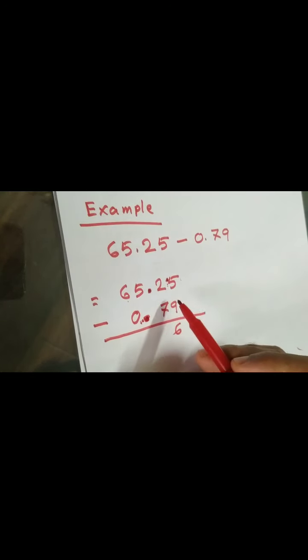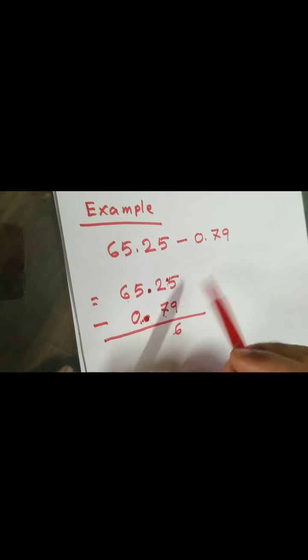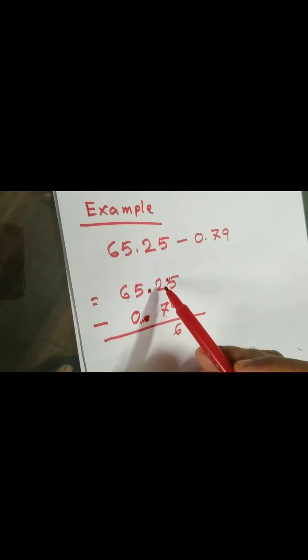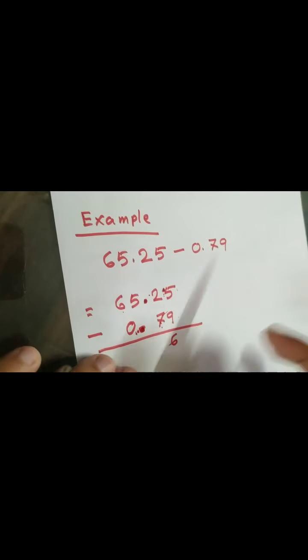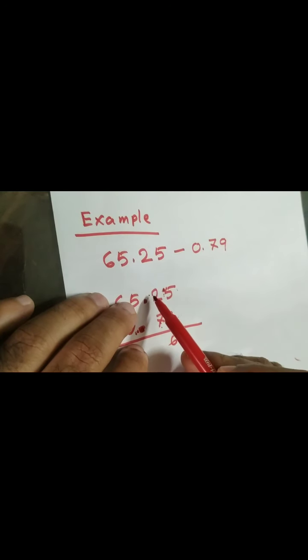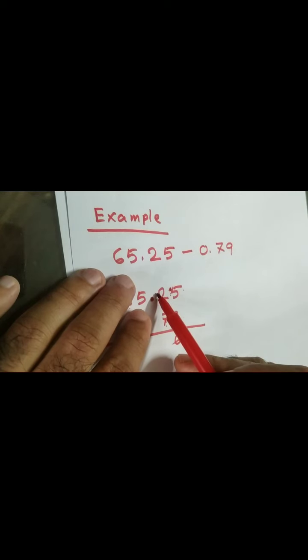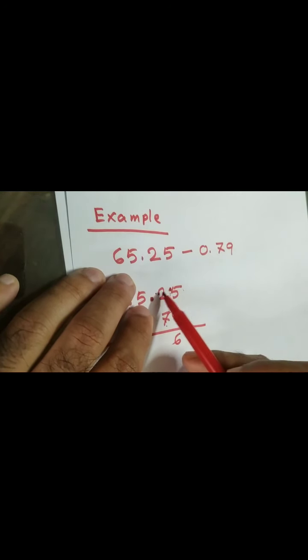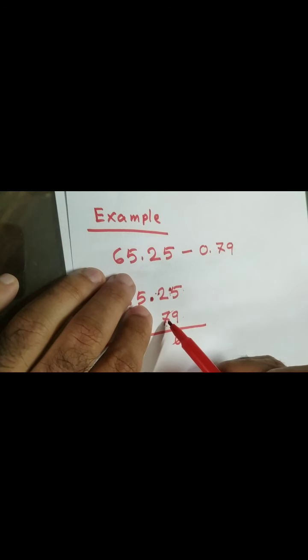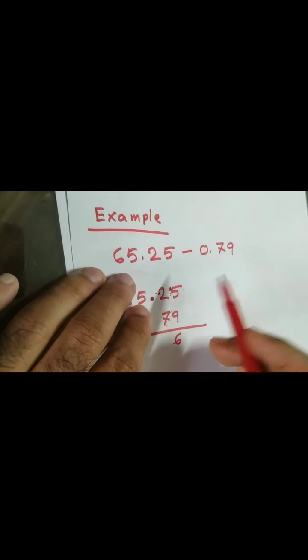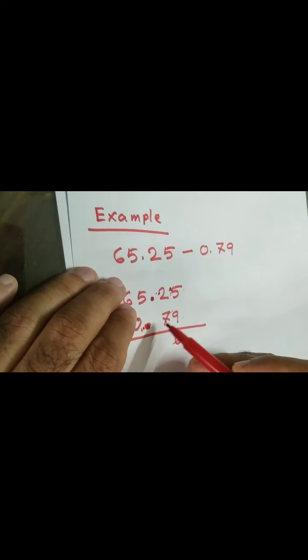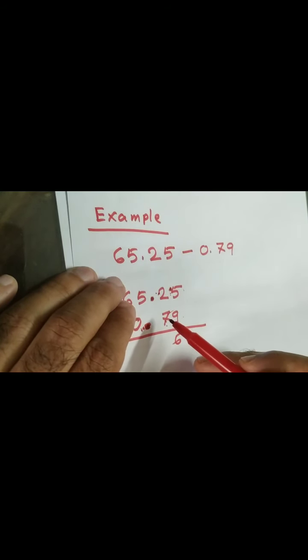So if I add 1 with 7, what do I get? I get 8. So now I have to subtract 8 from 2, but still I cannot carry out that subtraction. So what to do? I will assume there is 1 beside 2. So after having assumed 1 beside 2, my 2 becomes what? 2 becomes 12. So 12 minus 8 gives me how much? 4.